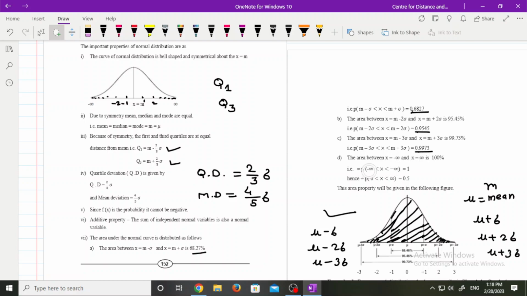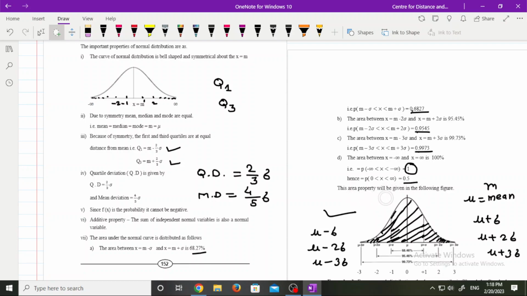Now, the area between x is equal to minus infinity and x is equal to infinity is 100%. That is, P of minus infinity less than x less than infinity is our 1. Hence, the probability of 0 less than x less than infinity is obviously 0.5.